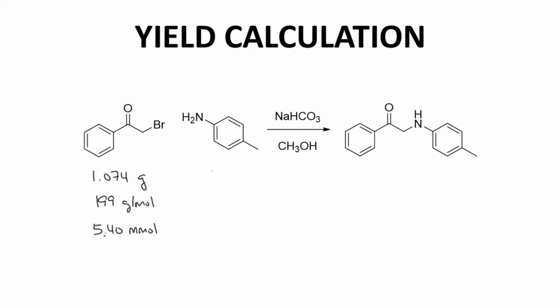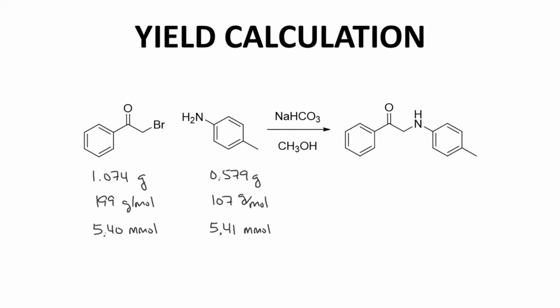Compared to the aniline, we used 0.579 grams, and this has a molecular weight of 107 grams per mole. That's our para-toluidine, and this corresponds to 5.41 millimoles. So just about identical between those two reagents, although technically the bromoacetophenone is the limiting reagent.